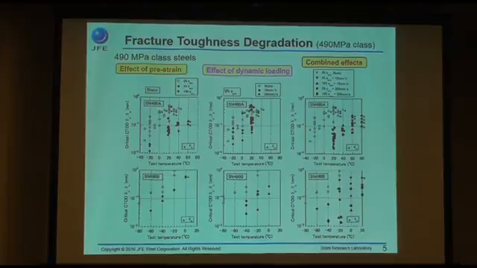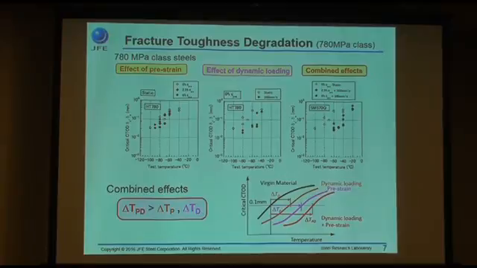You can see that, compared with the virgin material, the prestrain enhanced the transition temperature rise, and the dynamic loading does too. And of course, in the case of the combined effect of prestrain and dynamic loading, the transition temperature is pushed up further.